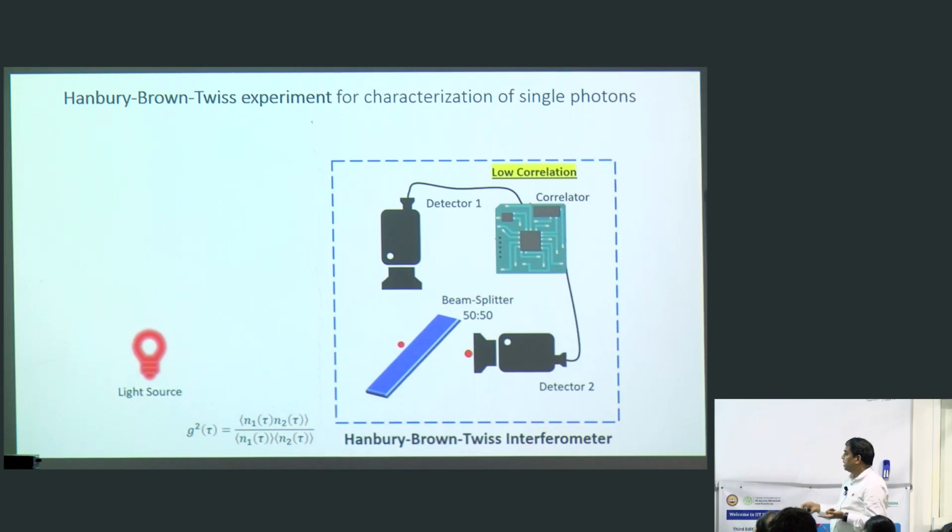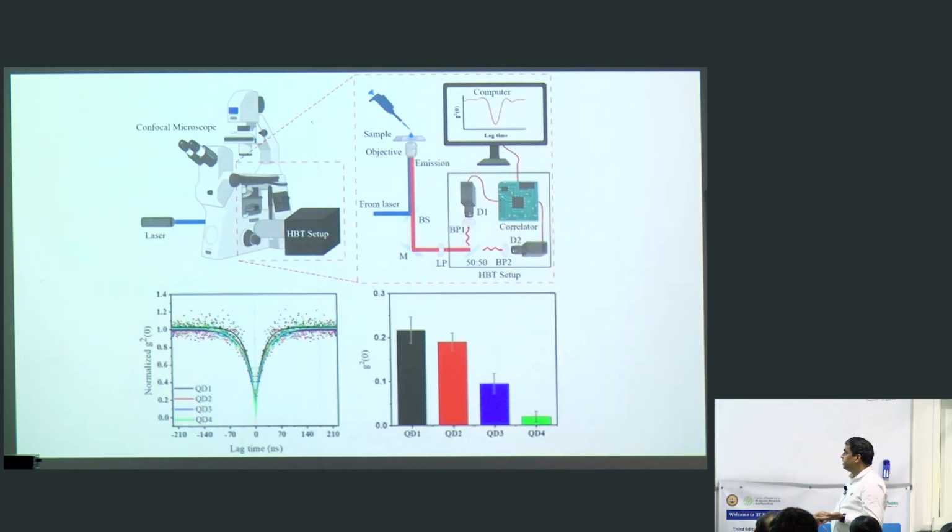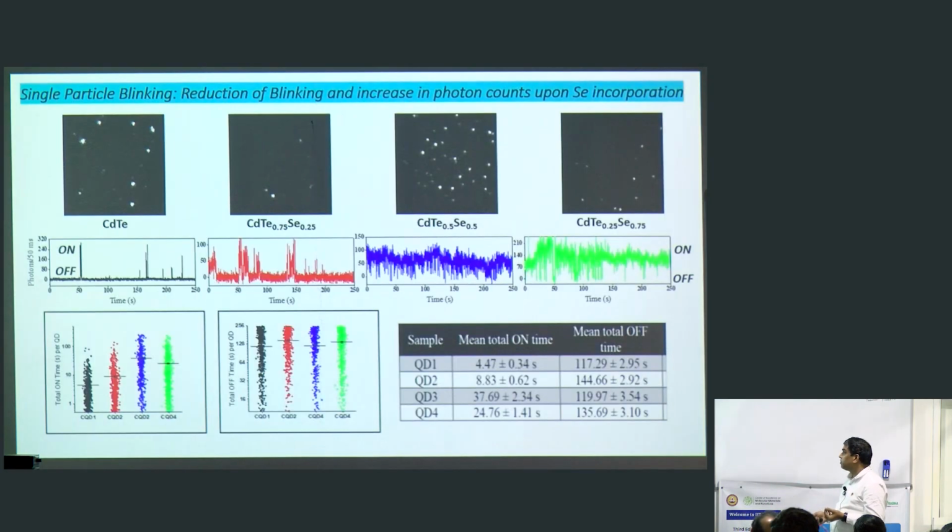So low correlation is defined by this factor. The lower the correlation, the more the single photon emission, and that's what we did. And very nicely, for the selenium incorporation, the value of the g2 factor goes to 0.02. I think I forgot to keep it here, but it is 0.02. 0.02 means close to 0, so it means highly anti-correlated. So it gives the anti-correlation parameter.